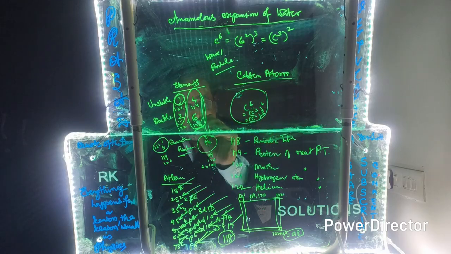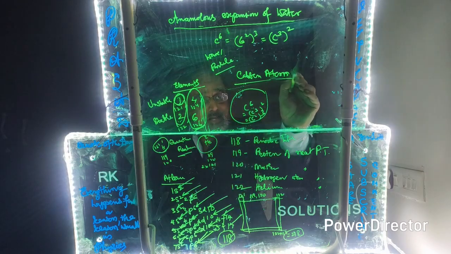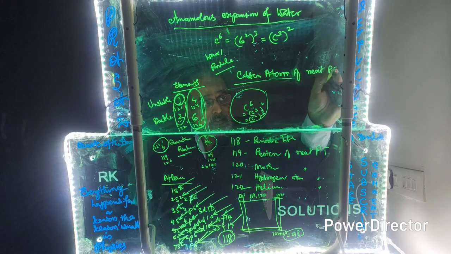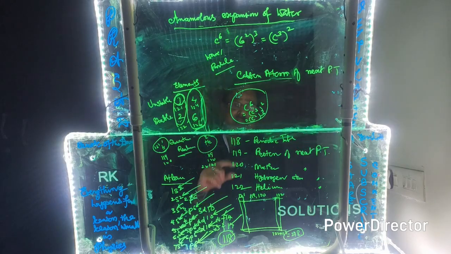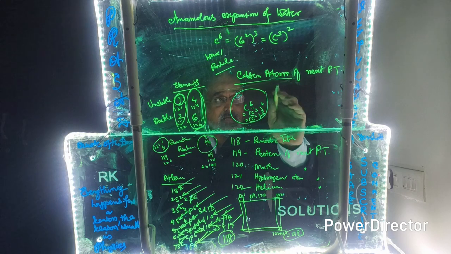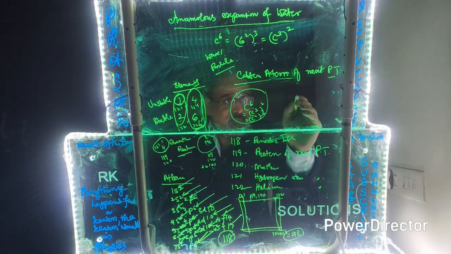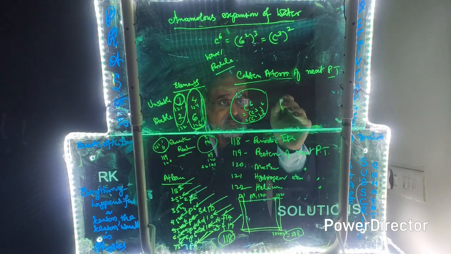Here, at this stage, that is the carbon atom of the next periodic table, the present symmetry ends.